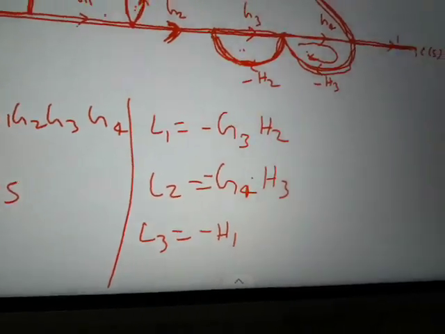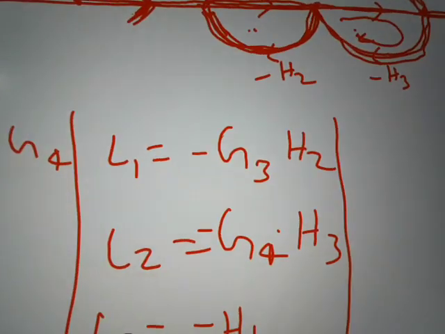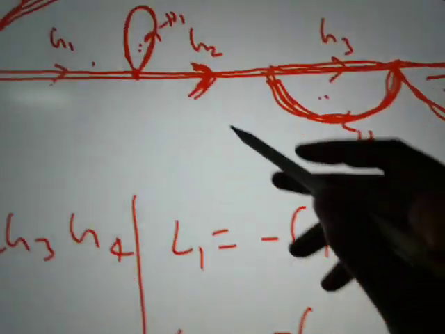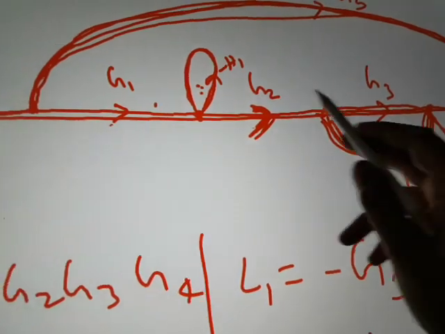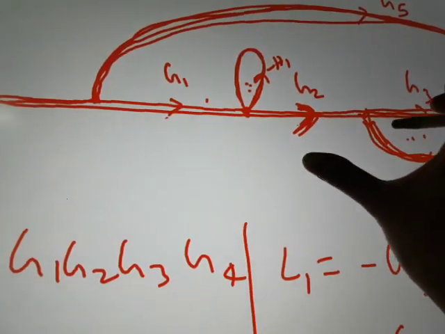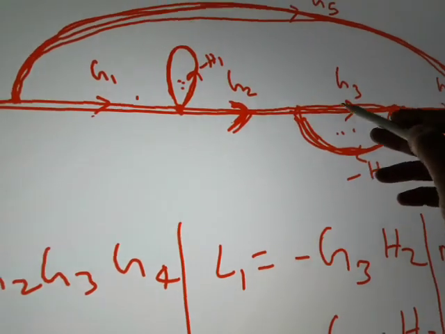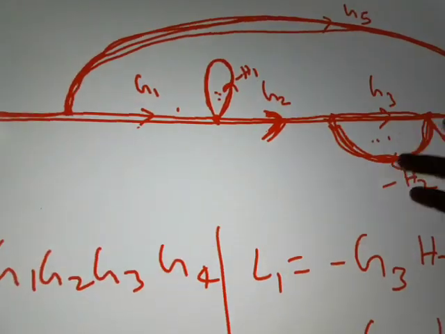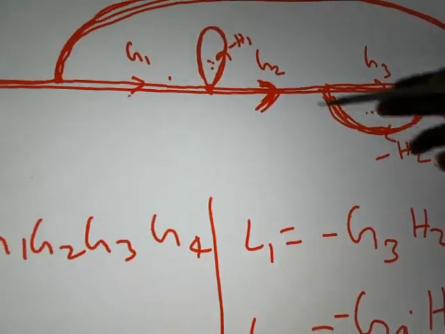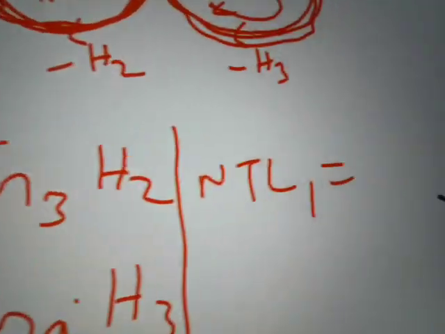Now non-touching loops. For this loop and this loop, there is no common node, so this loop and this loop are non-touching loops. What is the gain here? G3 H2 H1, since minus times minus will be plus.